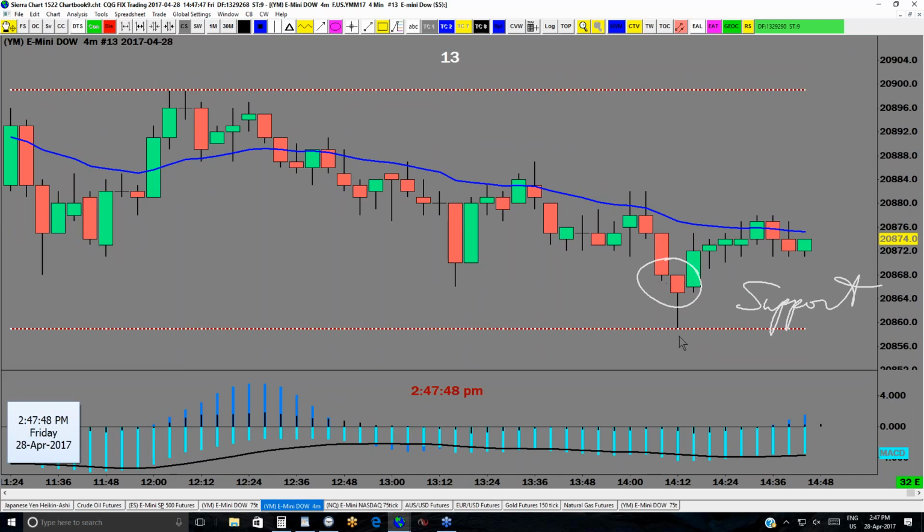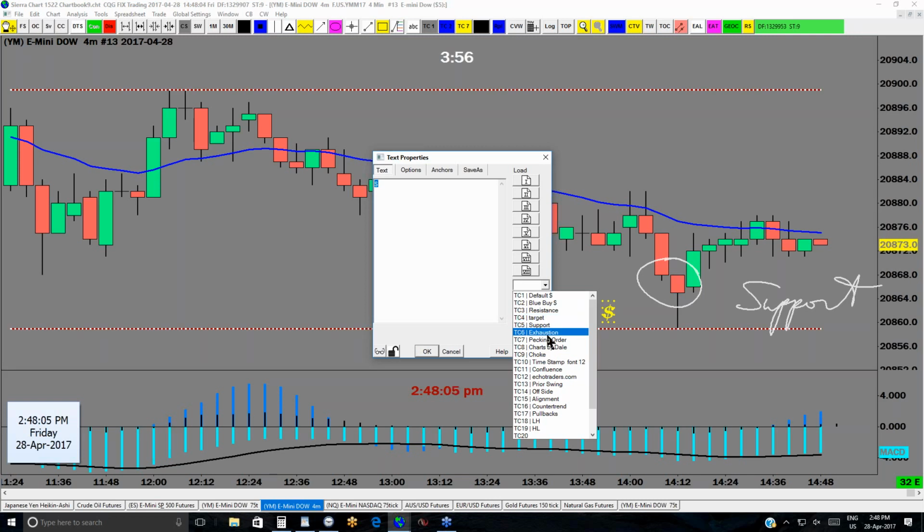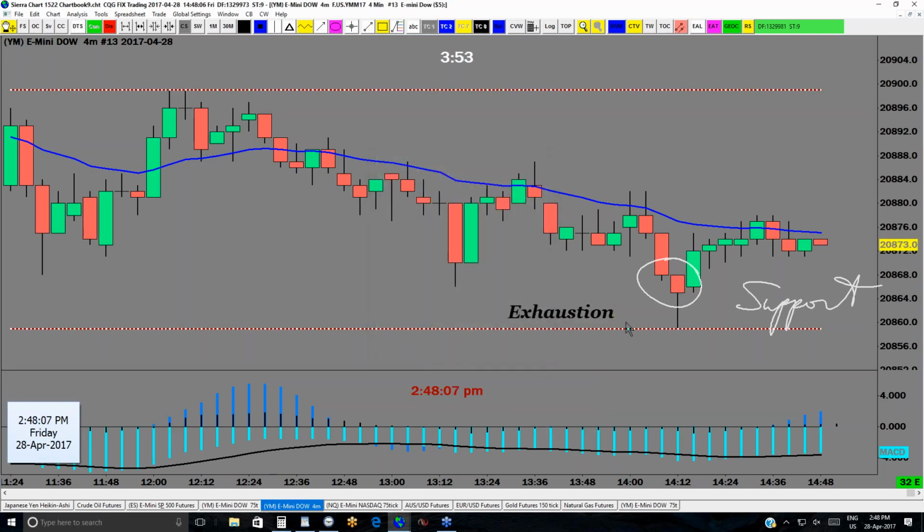This is a hammer, so extension to the downside. I didn't mean to come into the 4 minute, but since we're here, we're looking at this as being an exhaustion to the downside. So exhaustion is not necessarily support, it's exhaustion at a support.